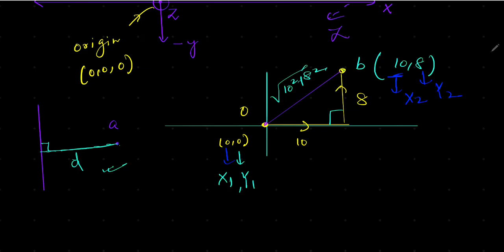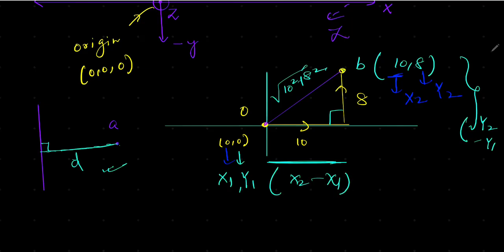Now if you want to understand this particular thing, you can see that it is y2 minus y1, and this particular thing is x2 minus x1. I hope you understand. This is y2 minus y1, since this is y2 and this is y1.